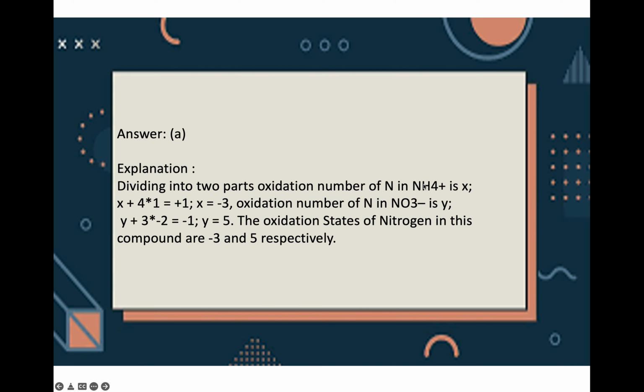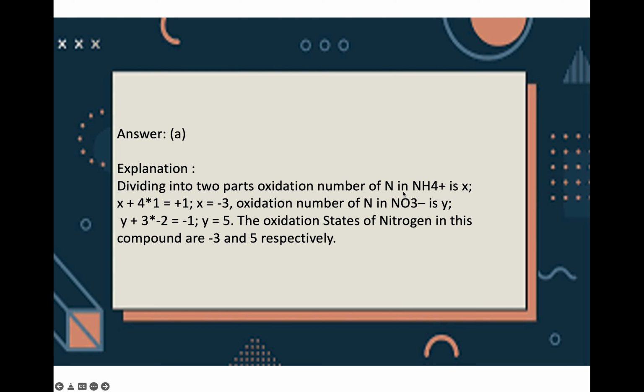So X plus 4 into 1 is equal to 1. So X plus 4 is equal to 1. So X will be equal to 1 minus 4, which is equal to -3.